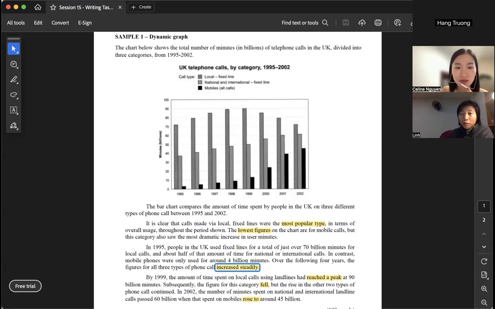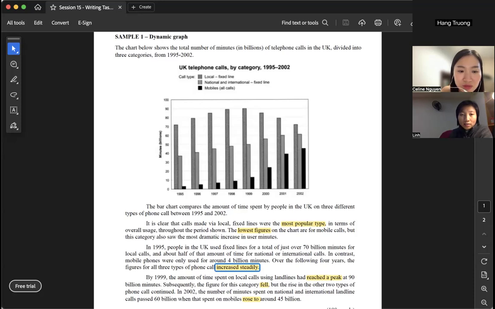I agree. So you already analyzed the two body paragraphs, right? Not really. The introduction is easy, it's just a paraphrase.